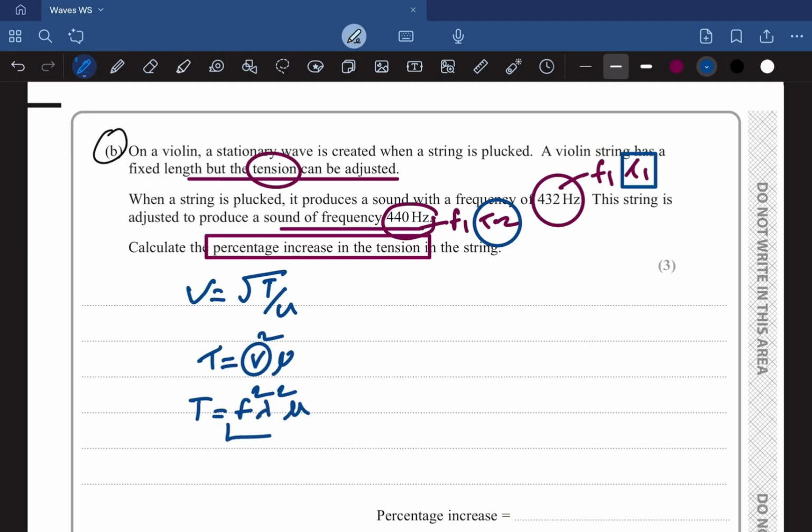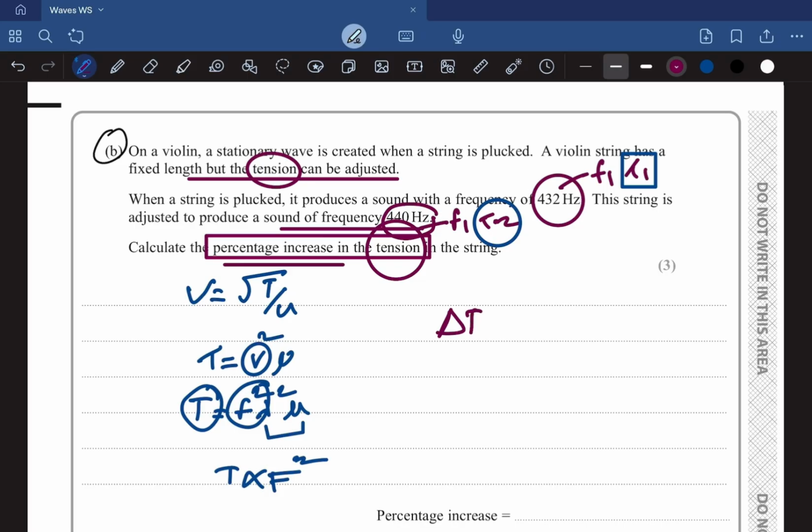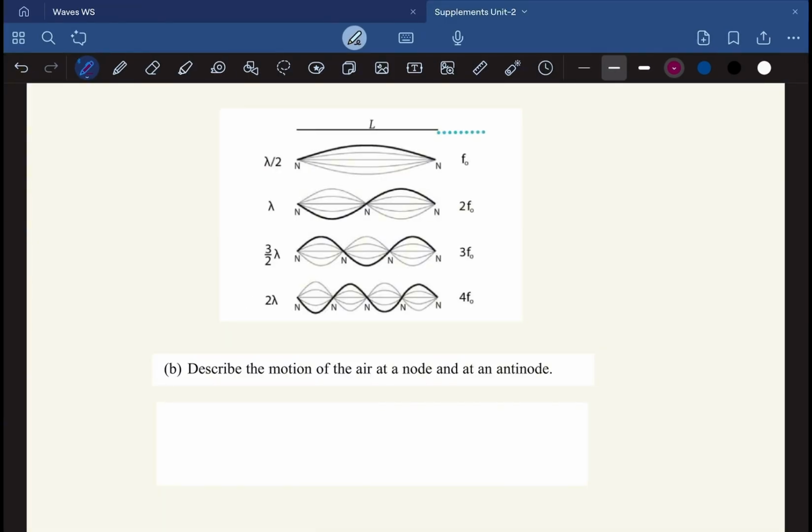And we know both lambda and mu are constant, so T is directly proportional to f squared. So now to figure out the percentage increase in tension, we know the formula that is always used for percentage increase in delta T.